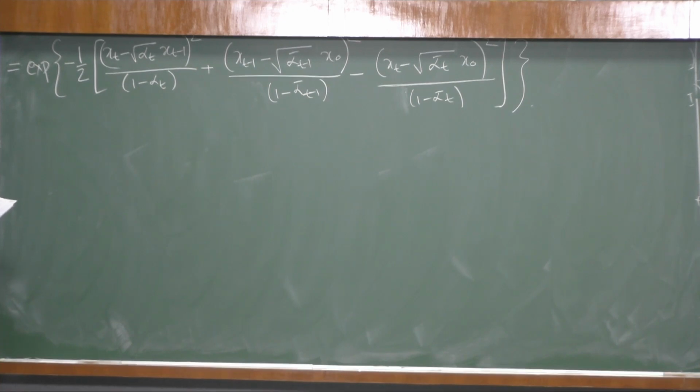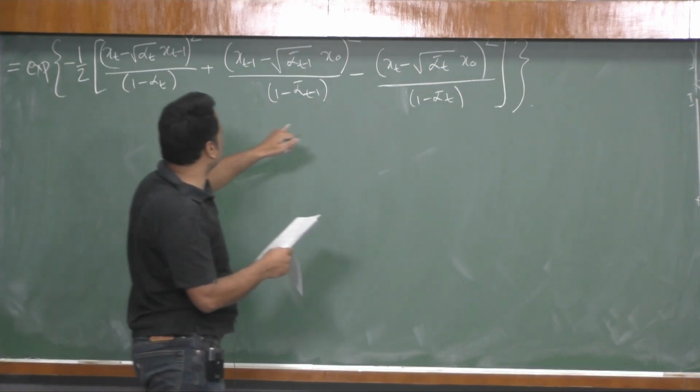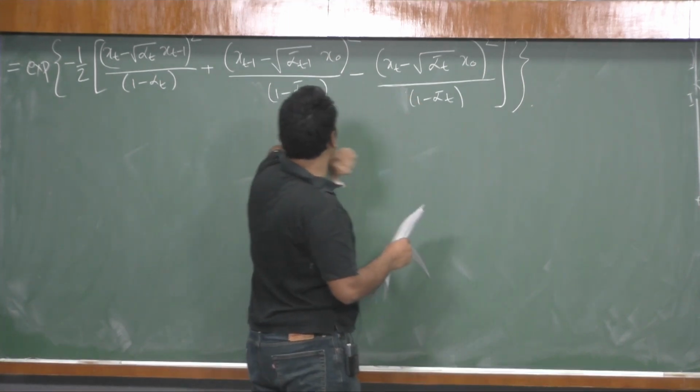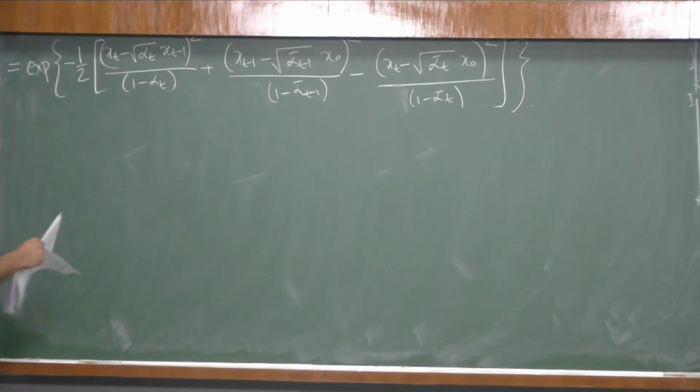Then what I will do is separate out the xt and x naught terms which are alone. The xt and x naught terms which are alone will be separated out to keep the calculations a little bit simpler initially, and then we will plug in those terms again later on. That will be the next step.